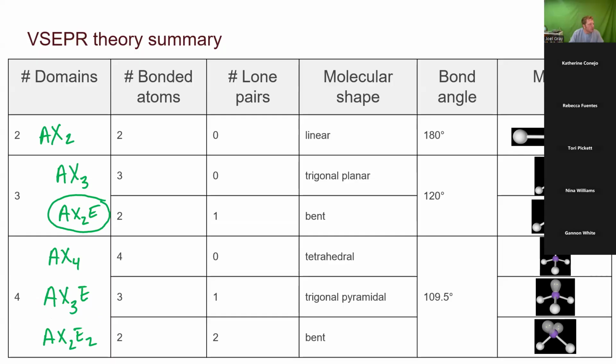Perfect. Now, look at this table for a moment. Does anyone see any of these configurations, add a Y or an N, where your central atom has one adjacent atom and three lone pairs of electrons? No. We're always focused in on our central atom.